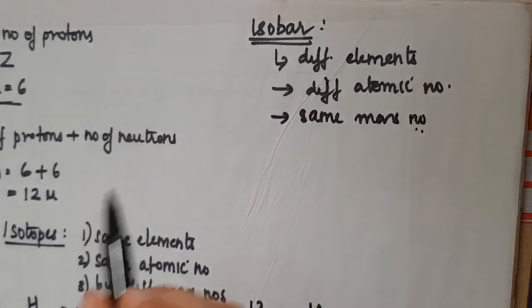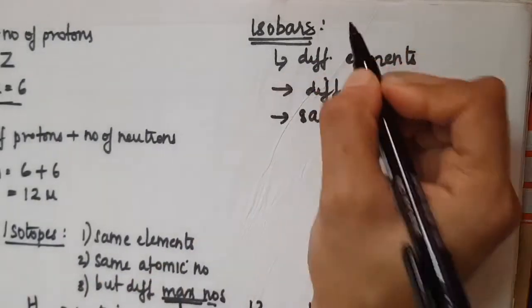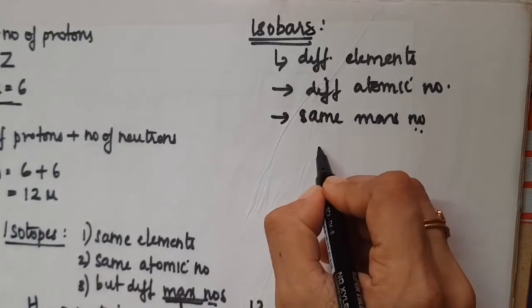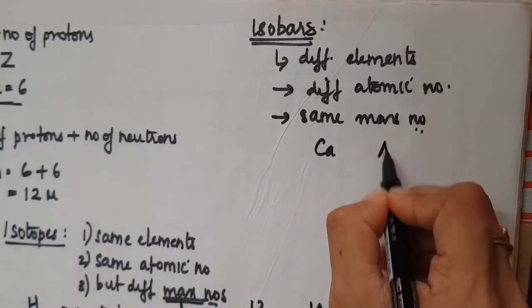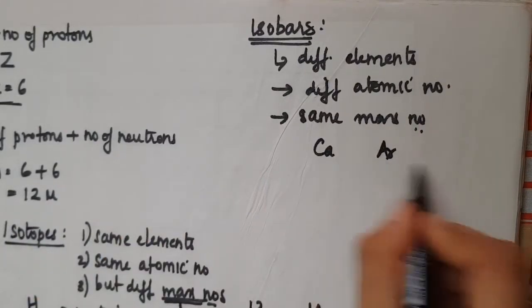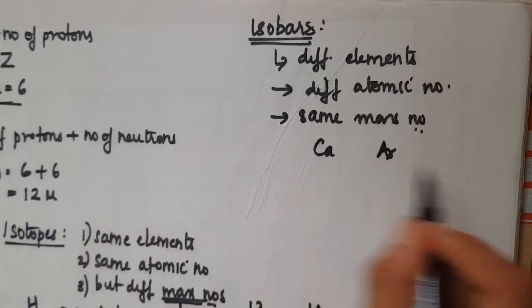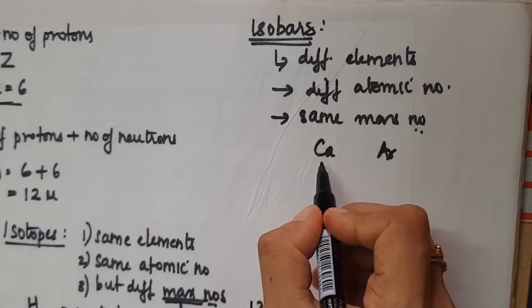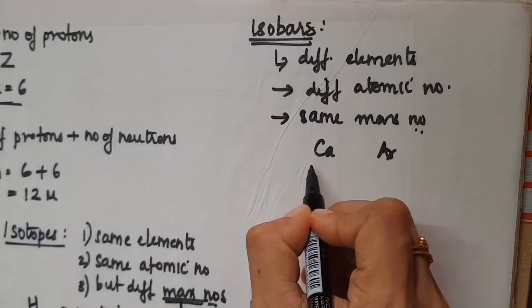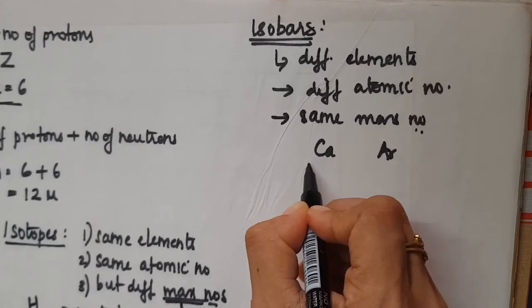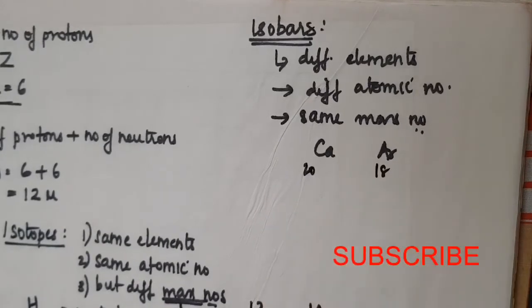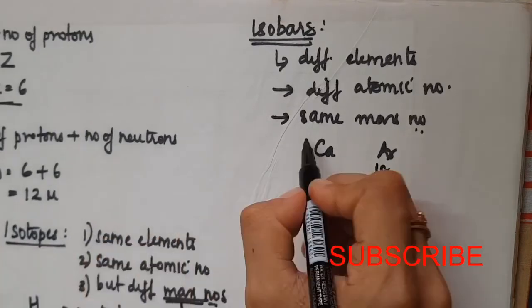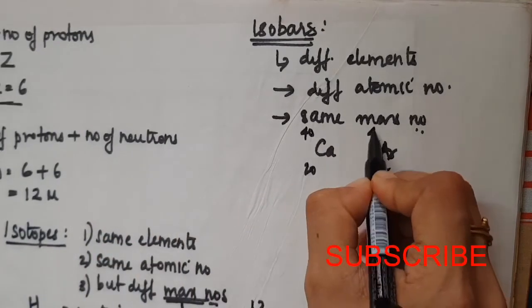They are called as isobars, okay. So example will be calcium and argon, okay. They have totally different atomic number because they are different elements, right. So their atomic numbers are 20 and 18, okay, but their mass numbers are 40 and 40.